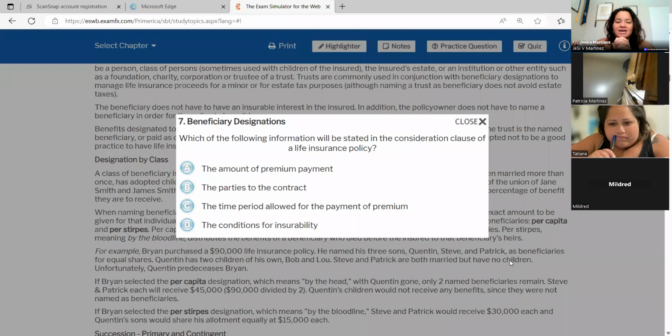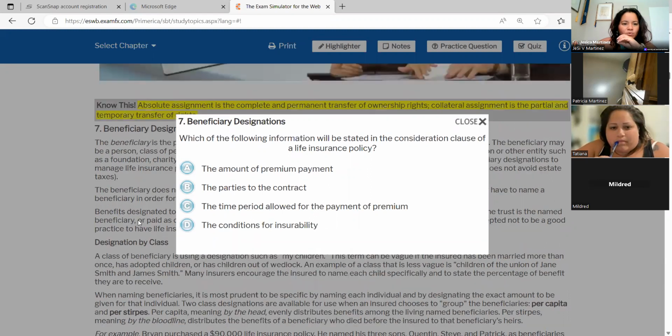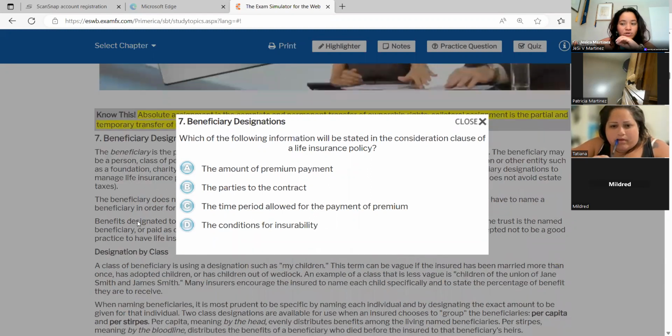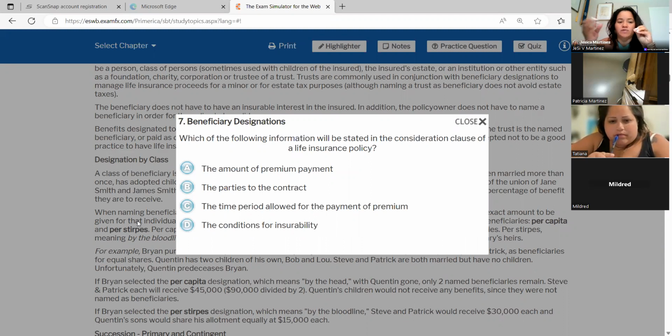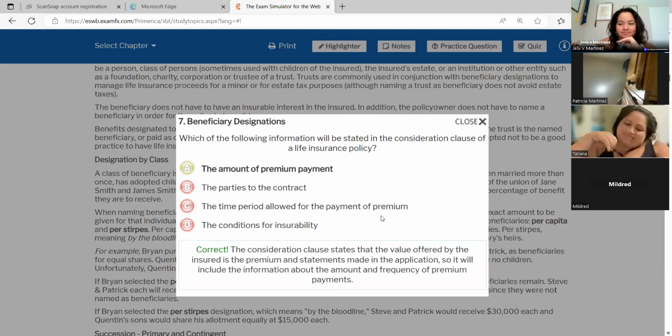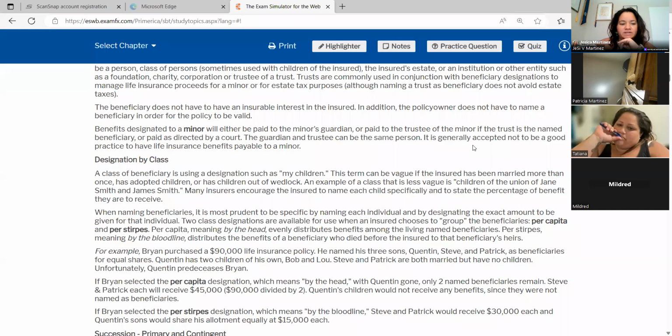So consideration clause, right? Consideration is when you have, I pay you this for that. I'm gonna go with A. Yeah, A, the amount of payment. Yep. So it has to have specifically that amount in there. Perfect, ladies.